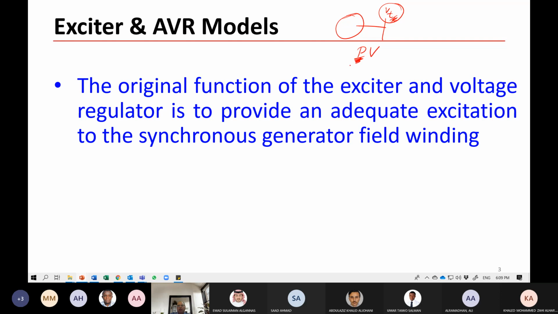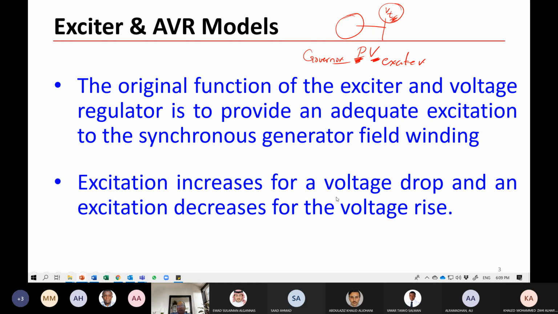While we can control P through the governor, we can control voltage through the exciter. So the main function of the exciter and the voltage regulator is to control the terminal voltage. If we have any change, we change the excitation so that we keep the terminal voltage constant.